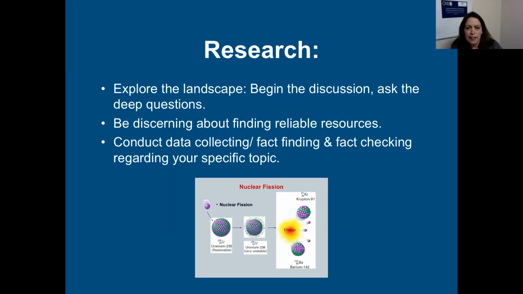Also, in the data collecting process, a really important thing right now is making sure that sources are reliable. So how do we judge reliable sources? Usually we have to check multiple sources and do some fact checking to make sure that the information is current and accurate.